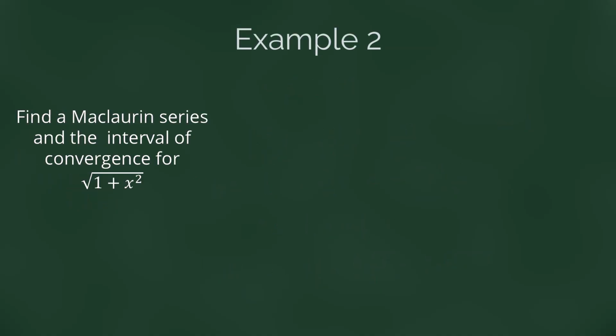Okay, in our final example here, we'll get a little more practice creating new series from old ones. So we want to create a series, the Maclaurin series, for the function f of x equals the square root of 1 plus x squared, which is of course the same thing as (1 plus x squared) to the 1/2. So it looks a lot like something we could use our binomial series for.